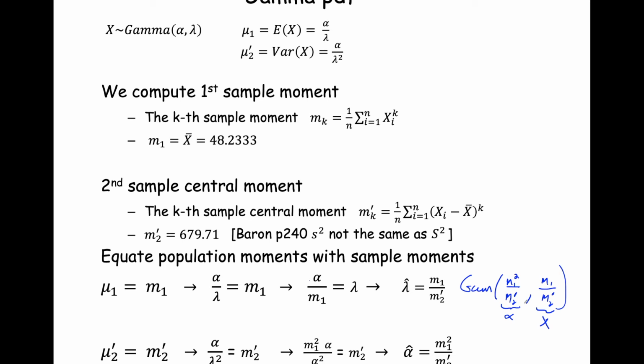We have two parameters. We take the first two population moments, we set them equal to their respective sample moments, and then we solve for the parameters of the model of the distribution. Here it's alpha and lambda because it's a gamma. Because gamma has two parameters, alpha and lambda, we use the first two moments, first moment and the second.